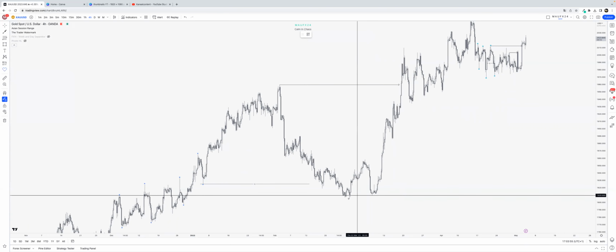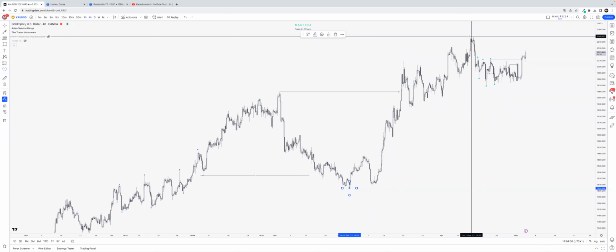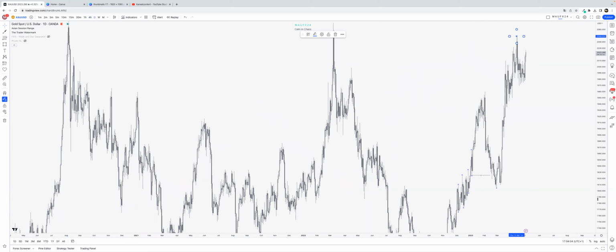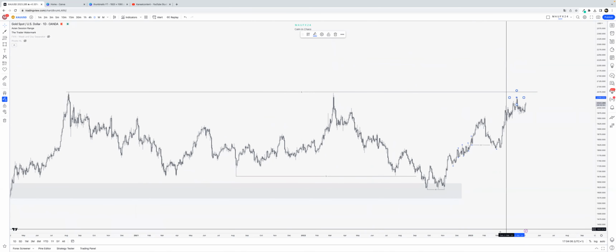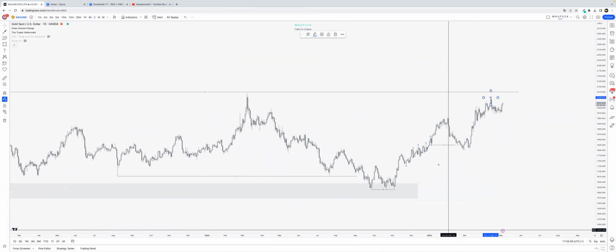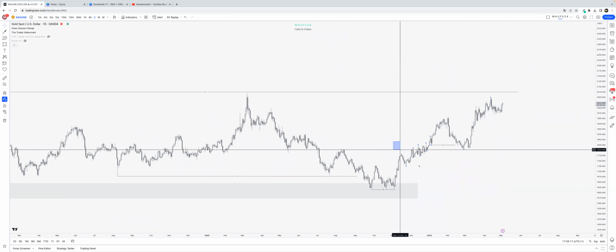We're currently inside this kind of daily range, I would say. I don't know why I didn't do that yellow. That's annoying me.